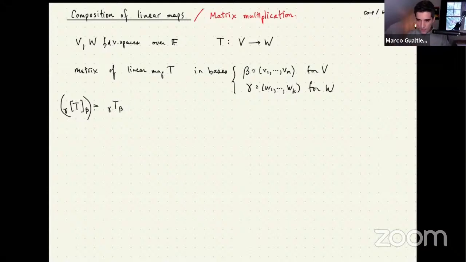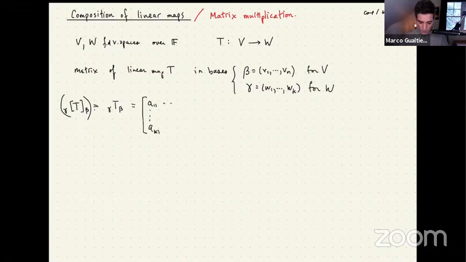Okay, it is a matrix like this: A11 up to Ak1, up to A1n, up to Akn. What are these coefficients?